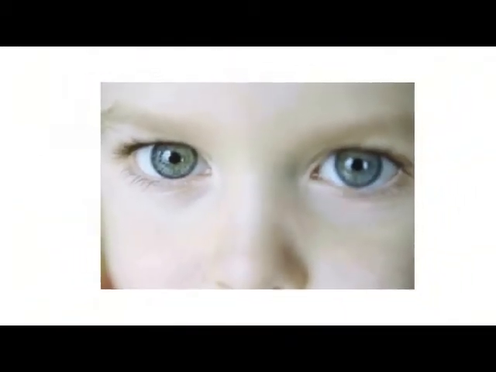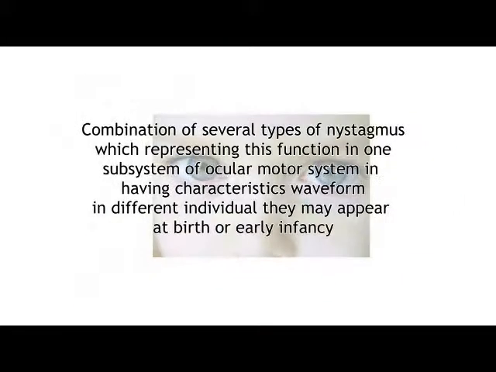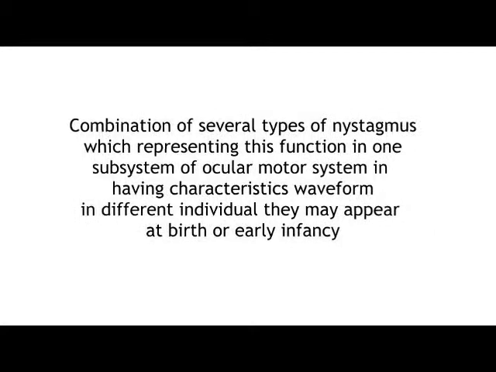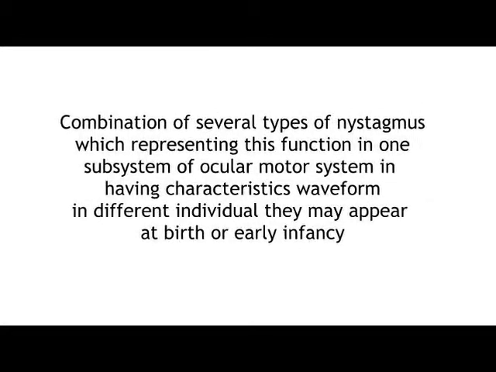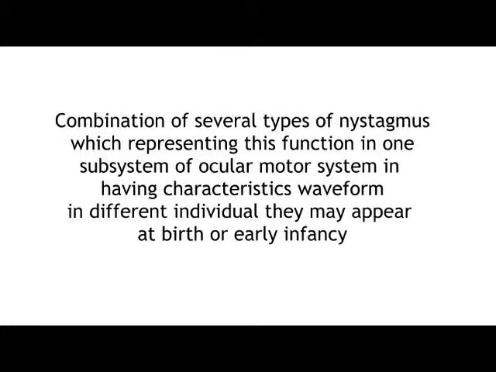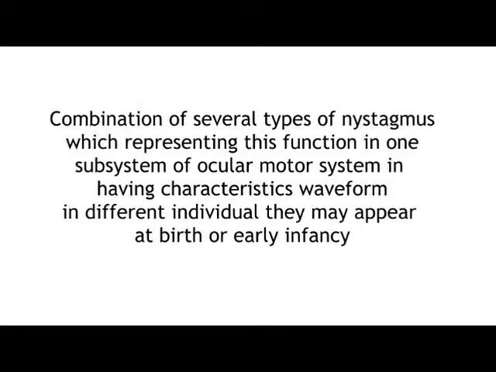Infantile nystagmus syndrome is also defined as a combination of several types of nystagmus, each representing dysfunction in one subsystem of the oculomotor system and having a characteristic waveform. In different individuals, they may appear at birth or in early infancy.